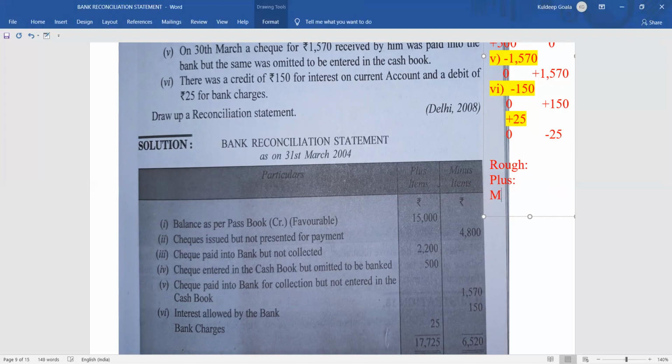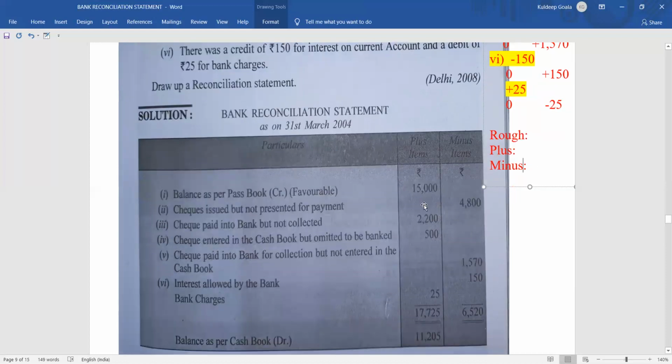And next one is minus. So in the plus what you can see is that 15,000, 2,200, 525. So the total is 17,725.